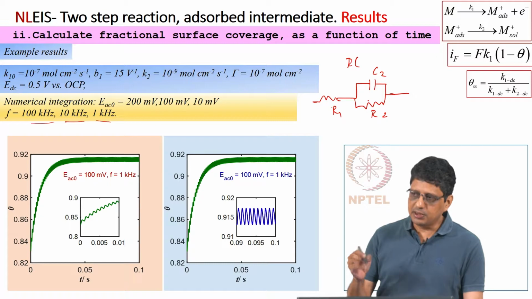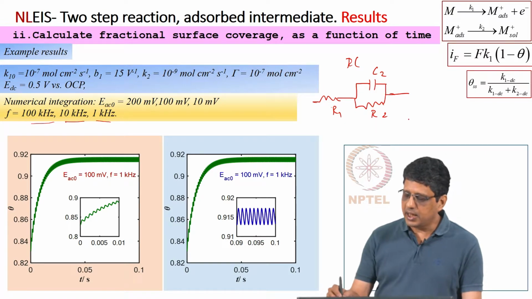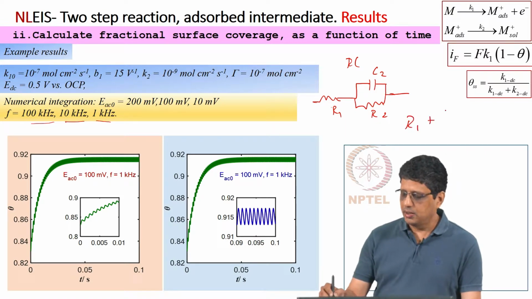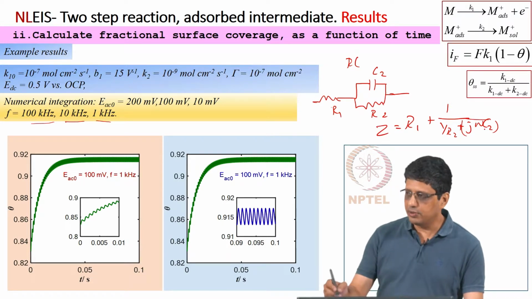If I take the response in the beginning before it stabilizes, I will actually not get the impedance that you would get by adding this as R1 plus 1 by (R2 plus j omega C2). This is the expression we get when we use Fourier domain or frequency domain.